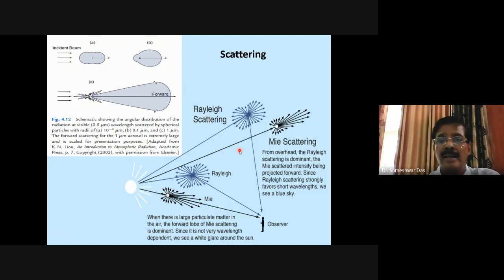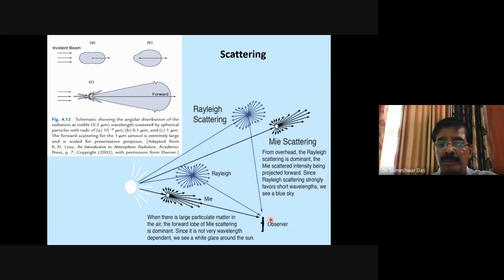In this diagram, similar things are illustrated. For example, this is the Rayleigh scattering and this is the Mie scattering. This is the sun, as sun rays pass through the atmosphere, and an observer, a person, is standing here.